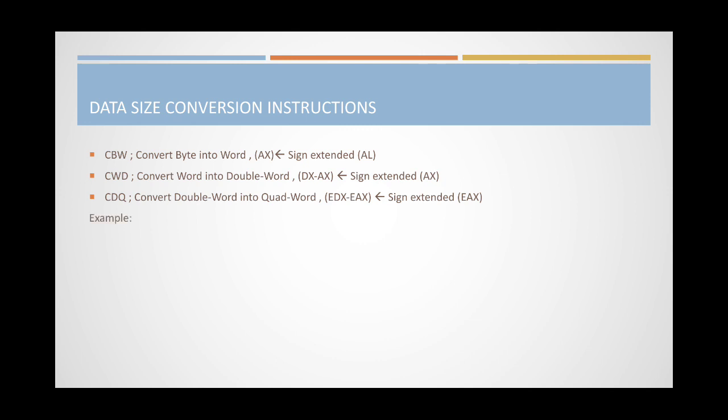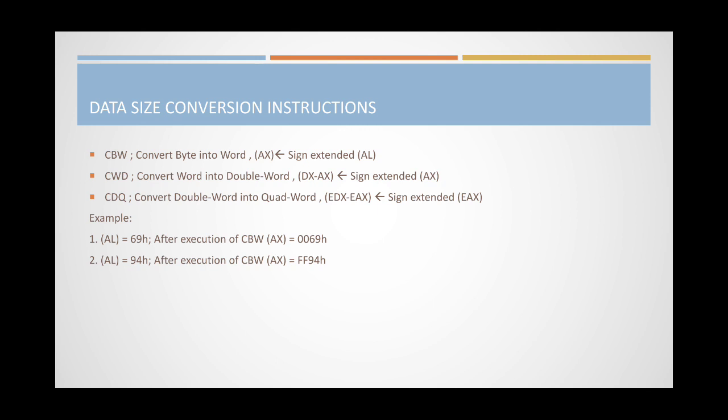Now we have some examples for CBW and CWD. The first case: you have 69 hex within AL, and the sign bit of AL is 0. After sign extension, in AX you will have 0069 hex. So a byte is converted into a word by using the CBW instruction.